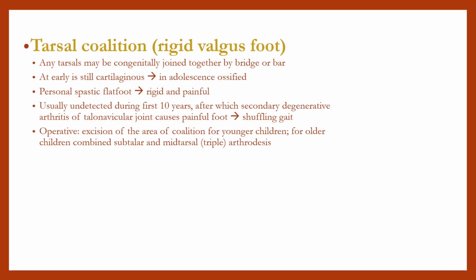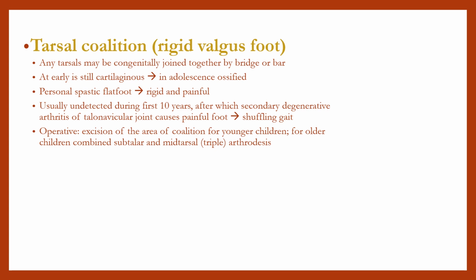Tarsal coalition. Any tarsal bones may be congenitally joined together by a bridge or bar. Early on, it is still cartilaginous. In adolescence, it will be ossified. Peroneal spastic flat foot is usually rigid and painful, usually undetected during the first 10 years, after which secondary degenerative arthritis of the talonavicular joint causes a painful foot or shuffling gait.